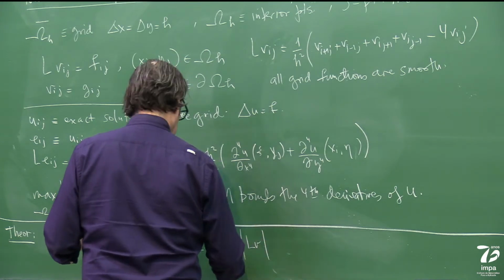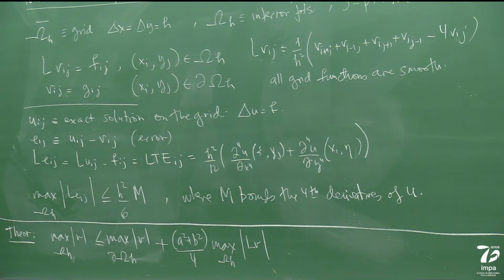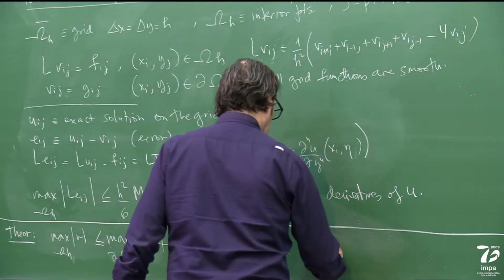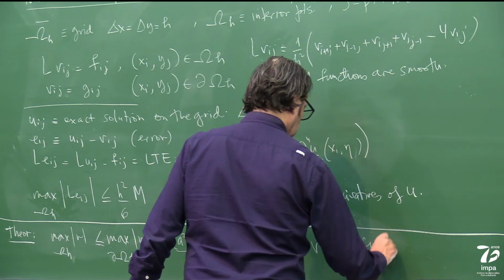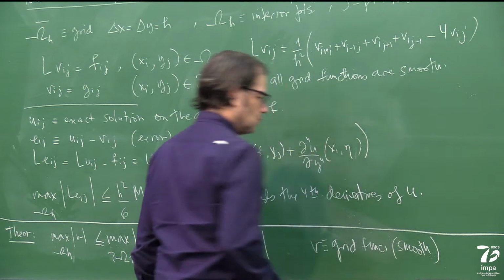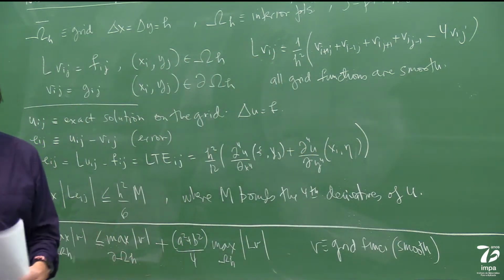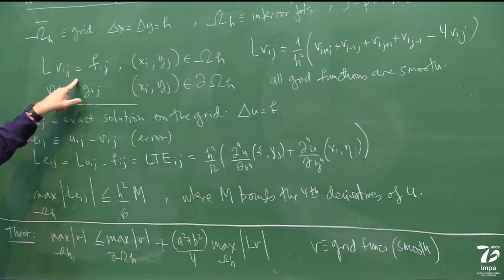We're going to do some estimates. Basically we're going to show this, where V is just a grid function, not necessarily a solution. So take a smooth grid function. Even though the notation here is V, it does not solve this yet.